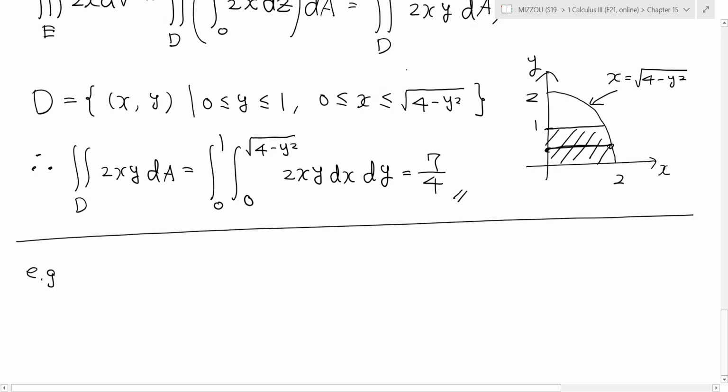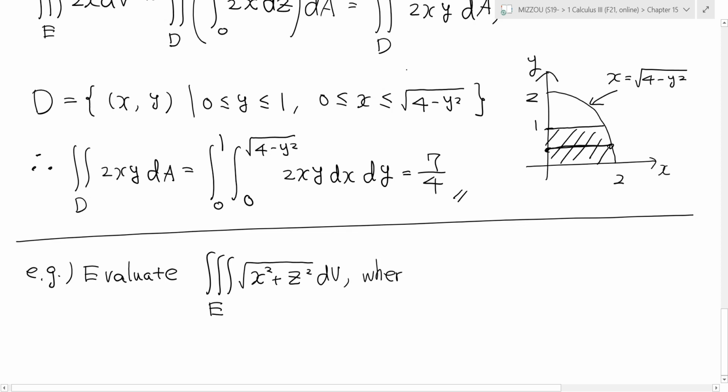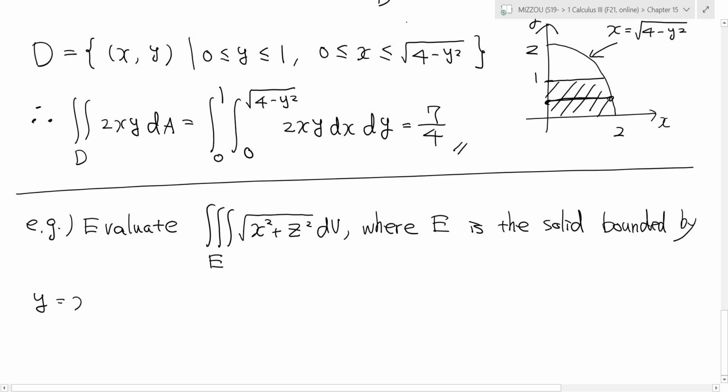Example. Evaluate the triple integral of the square root of x squared plus z squared dV, where E is the solid bounded by y is equal to x squared plus z squared and y is equal to 4.